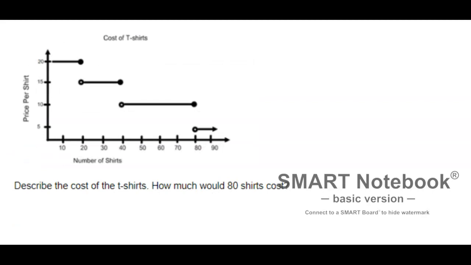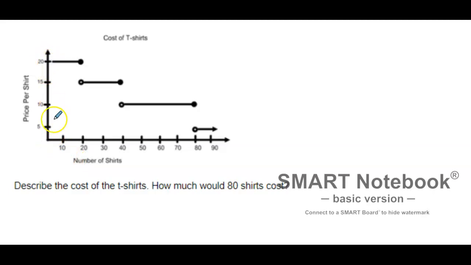Okay, and then the last example, we have the cost of t-shirts. So we have the number of shirts and then the price per shirt, and a graph that represents that. Now, if you notice right here, there's not an open or closed circle, because if you're getting the cost of the number of shirts, 0 shirts is going to cost $0.